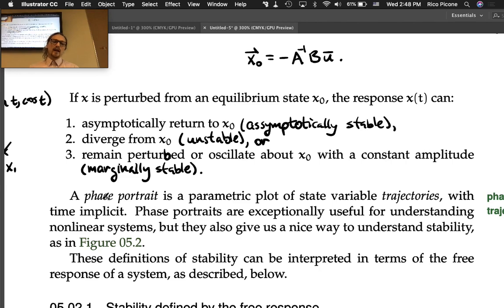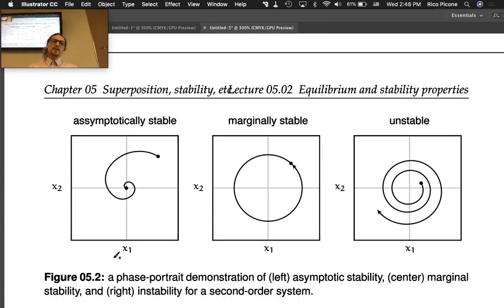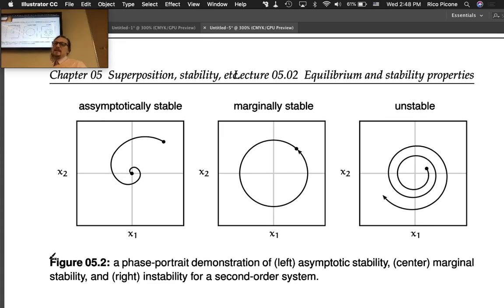So that's what we'll do right now: we'll look at these three phase portraits. Say you had a second order system, so you have two state variables, x1 and x2, and you have an equilibrium value at the origin of each of these graphs. Let's say that you start at some arbitrary state out here.